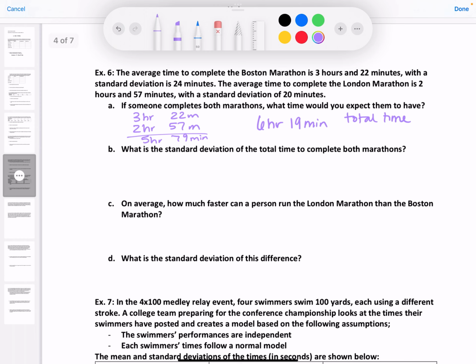Am I allowed to add standard deviations together? Yeah. No. How about that? So what do I have to do to be able to do that?